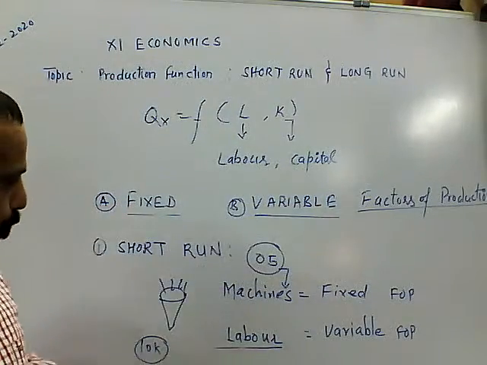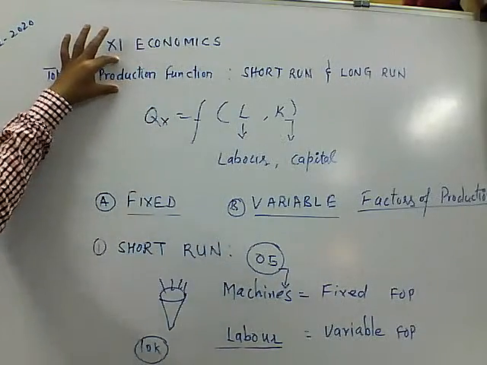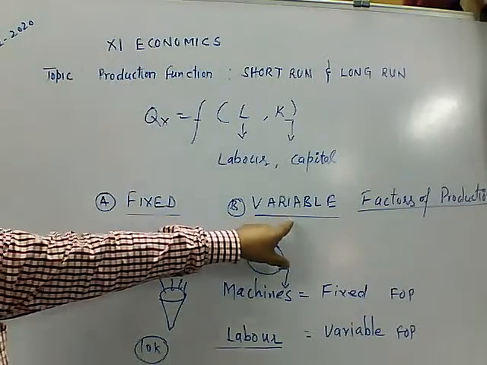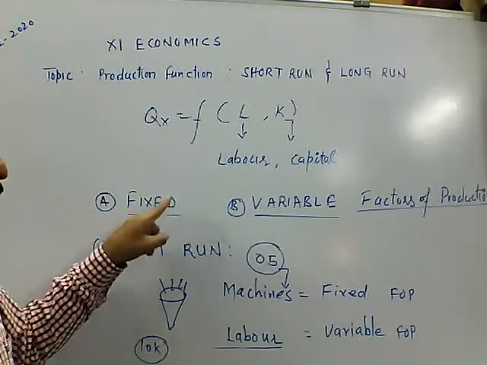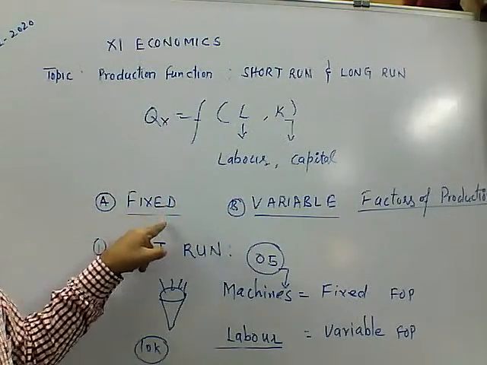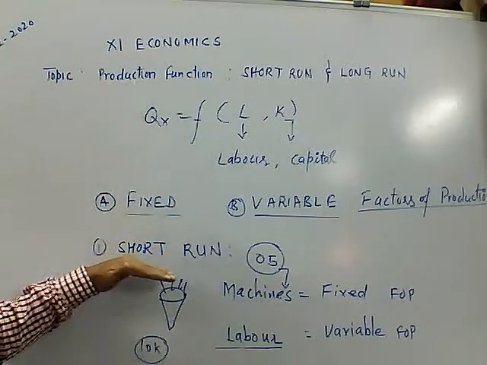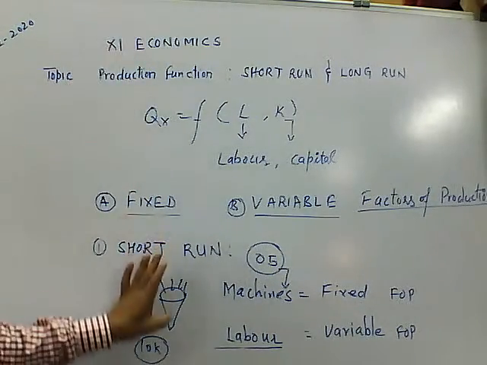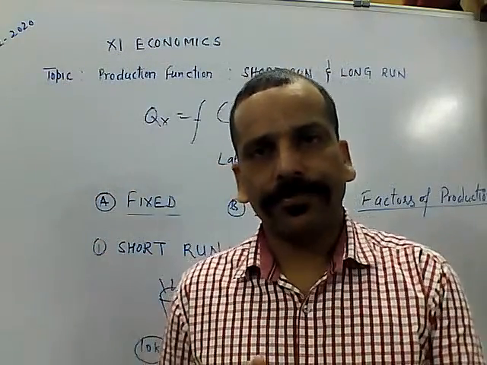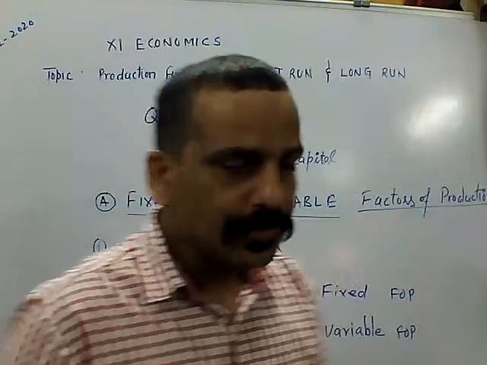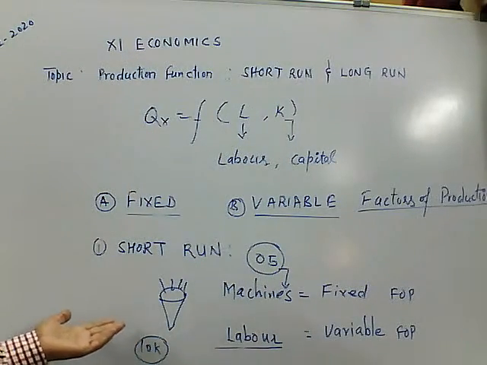So in the short run, output can be increased by changing variable factors only, whereas fixed remain fixed. We can't change fixed factors of production in the short run to produce more ice creams. Are you clear about the short run? Okay. Short run is clear.